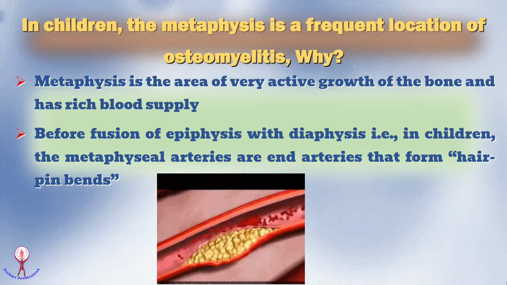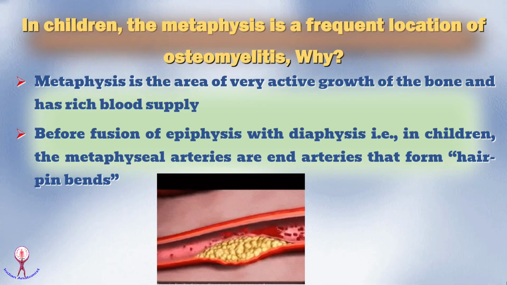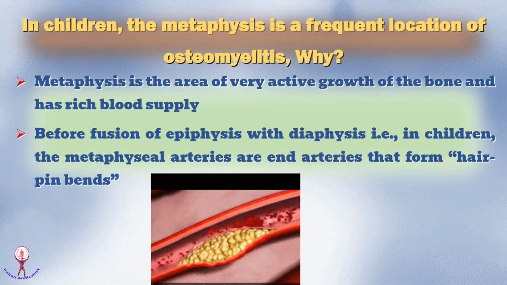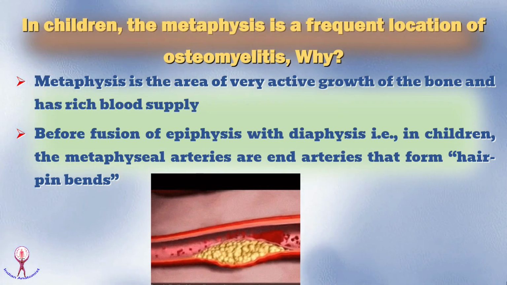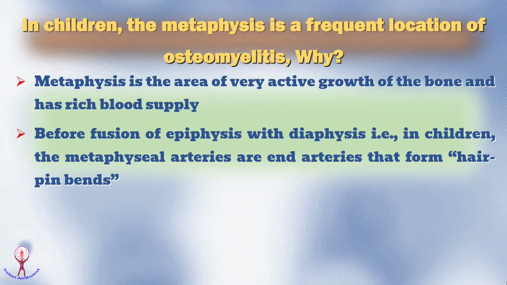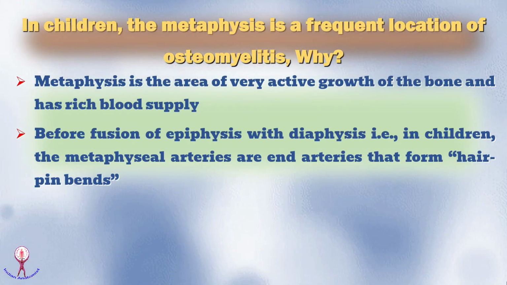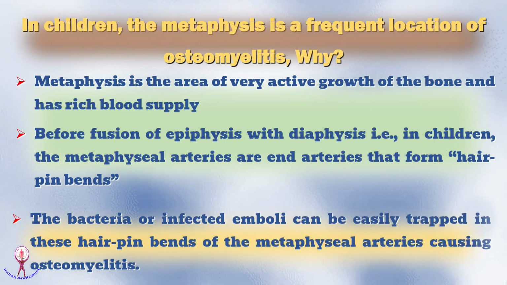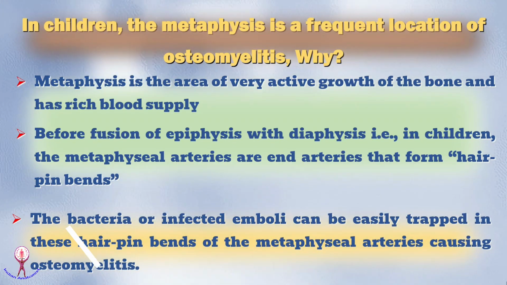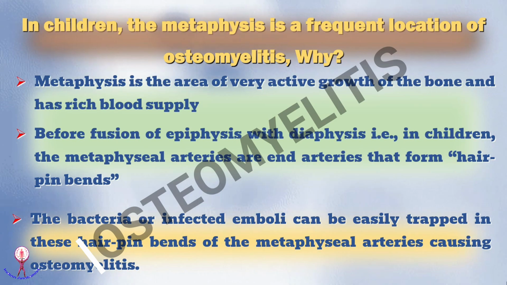Before fusion of epiphysis with diaphysis, that is in children, the metaphyseal arteries are end arteries that form hairpin bends. The bacteria or infected emboli can be easily trapped in these hairpin bends of the metaphyseal arteries, causing osteomyelitis.